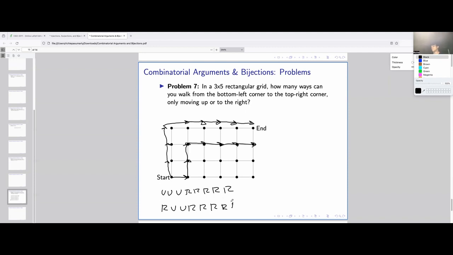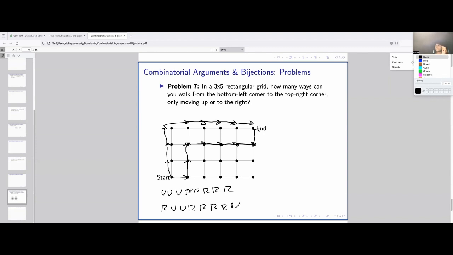Oh yeah, and then I have to go up again. Okay, that's what I was missing. So I have an up. These are 2 different paths. The question is, how many different paths are there from the start to the end? There's a way we can solve this, and the idea is that there's a bijection between each path and each reordering of these letters.